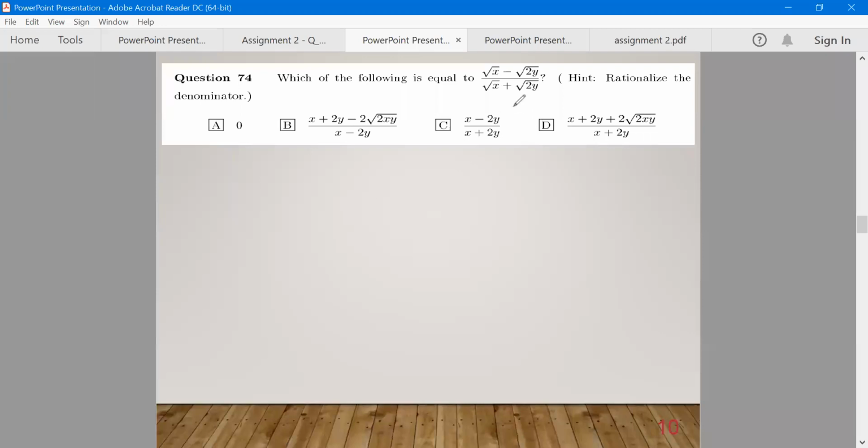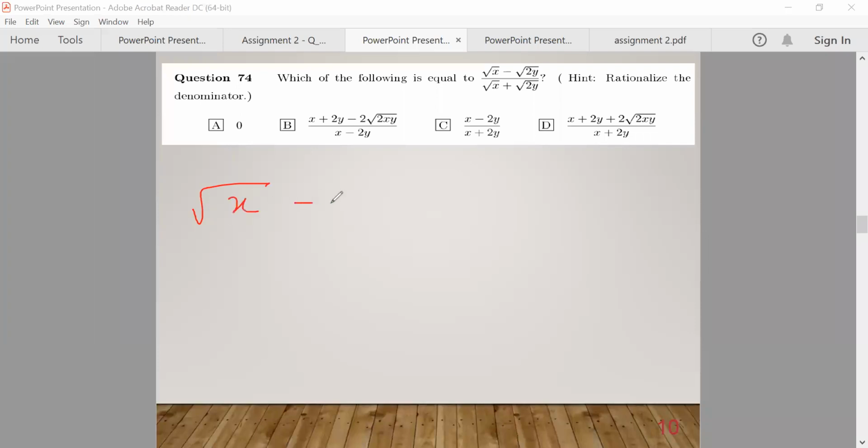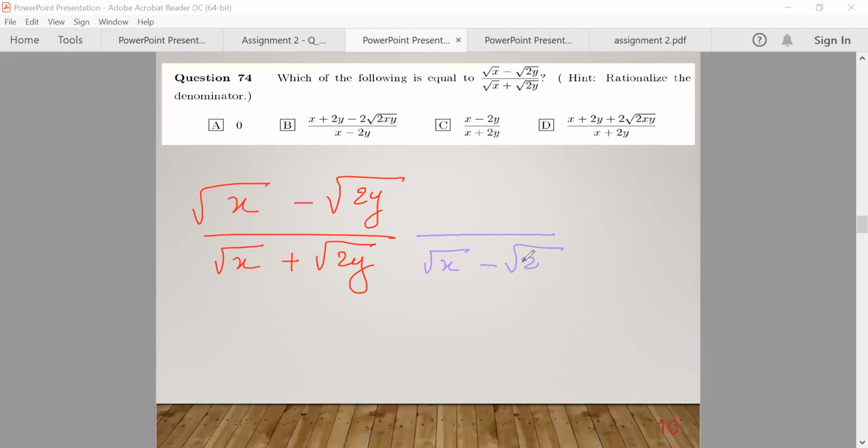Next, which of the following is the rationalized denominator? So remove radicals. Rationalize denominator means no radicals in the denominator. So to rationalize the denominator, we multiply by the conjugate, which is root x minus root 2y.